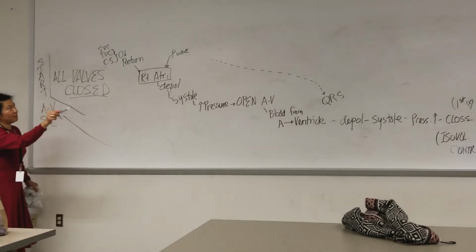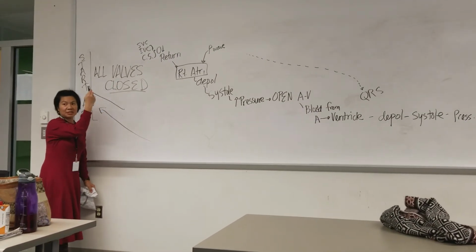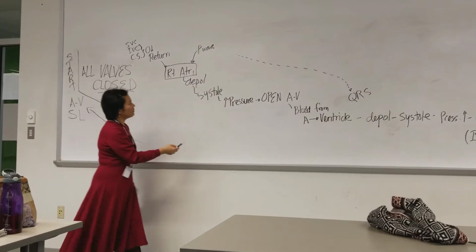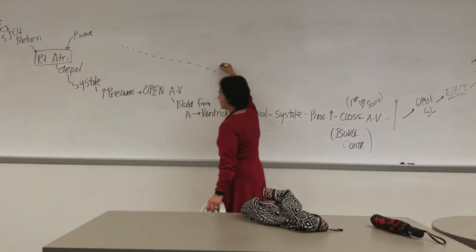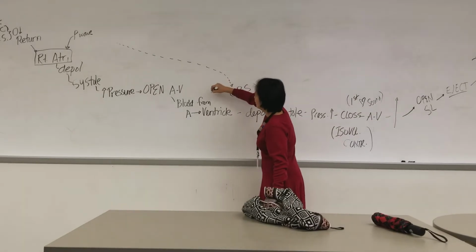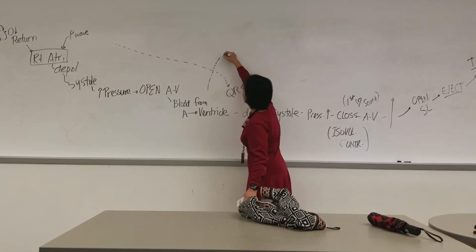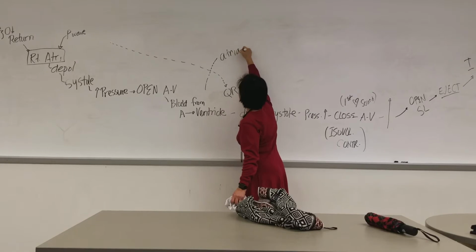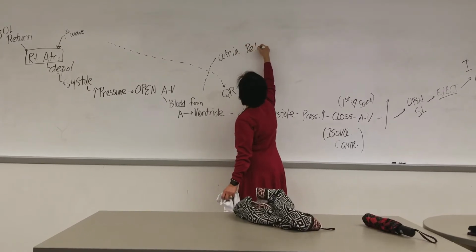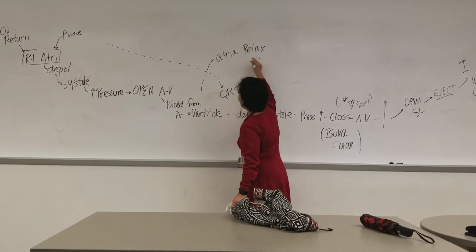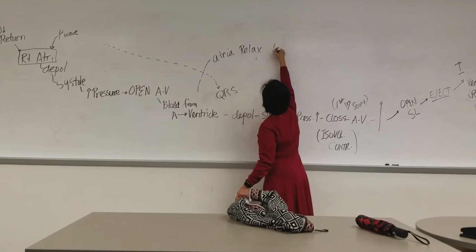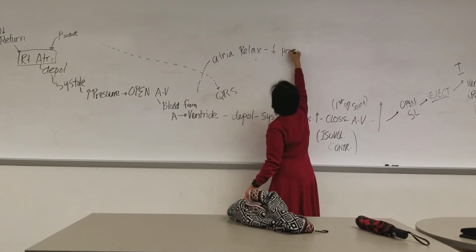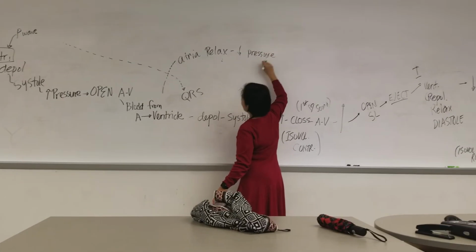So after the T wave, isn't it another P? Then QRS. Oh, by the way, somewhere here in the QRS was the atrial relaxation. It's hidden, right? So somewhere here, the atria was relaxing. And that's why when the atria relaxes here, the pressure goes down, right?